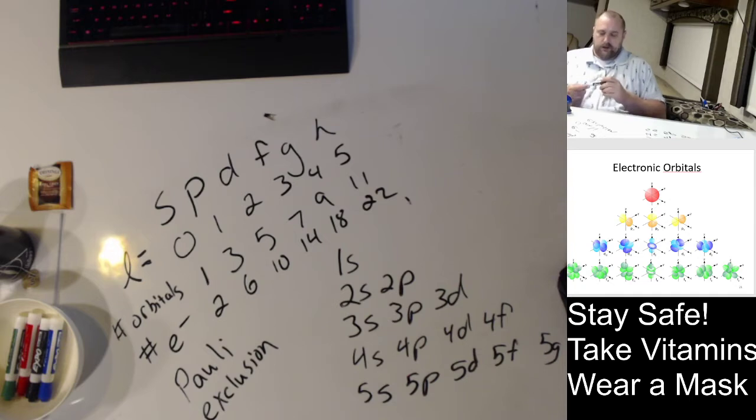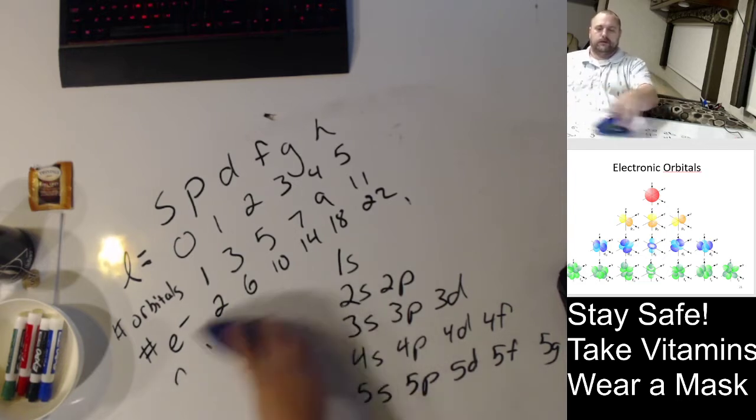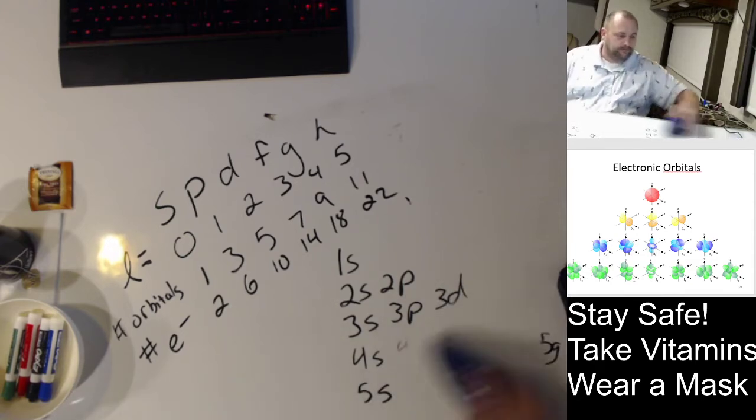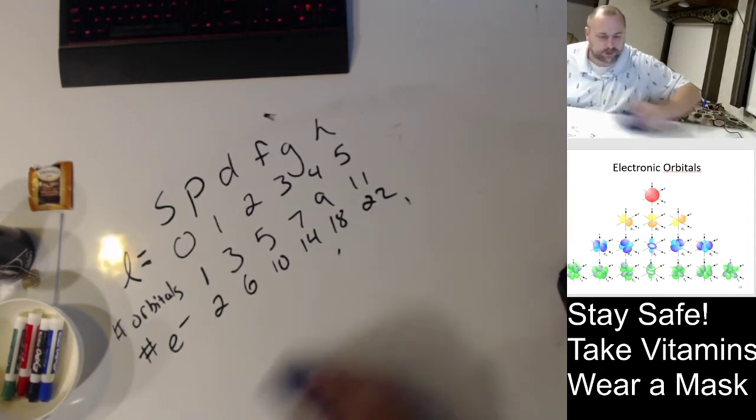Now, Pauli exclusion principle tells me a limit of how many I can put in each one of these. Remember, all the S's hold 2, all the P's can hold up to 6, the D's up to 10, the F's up to 14.